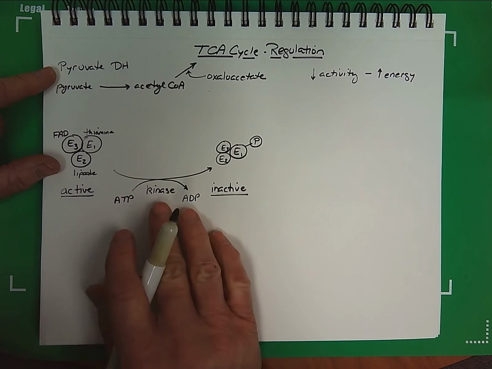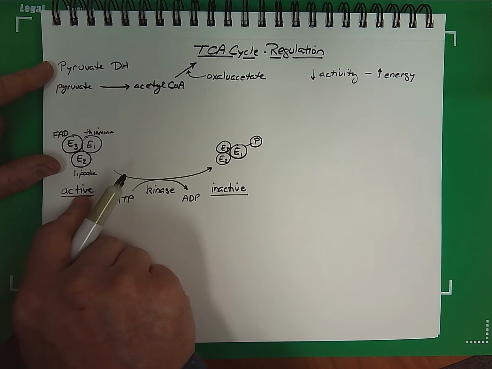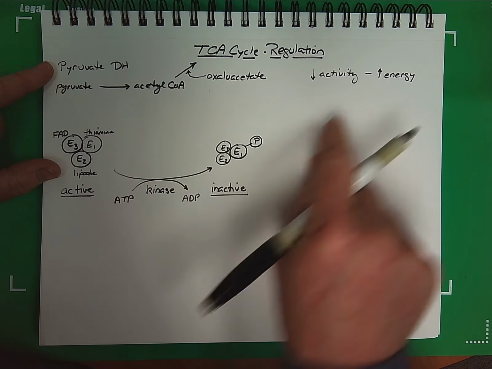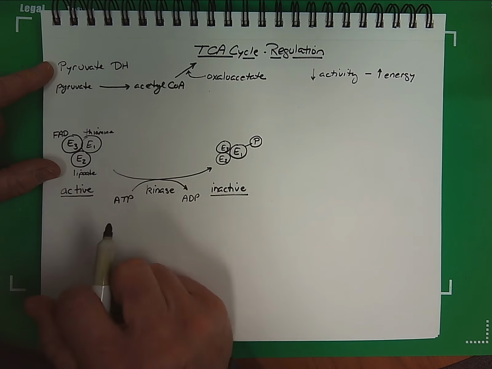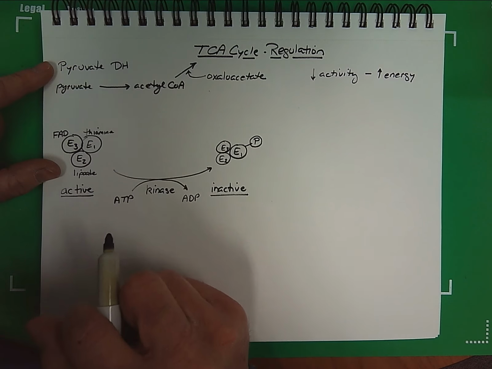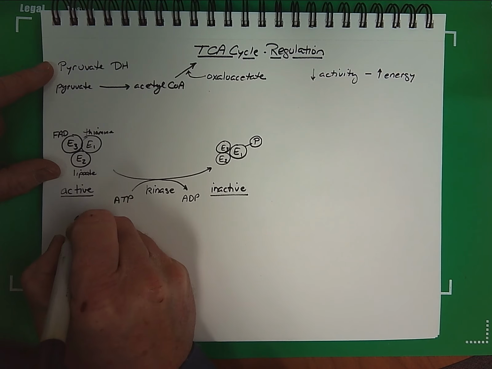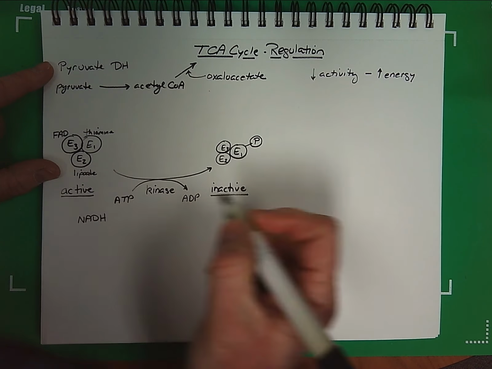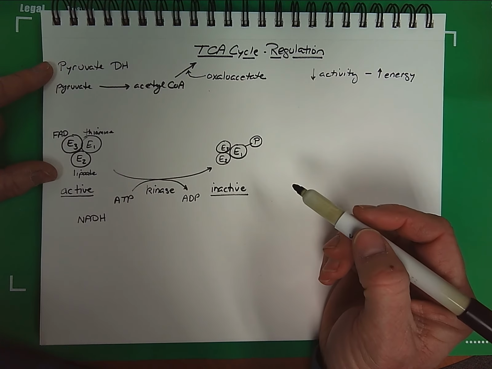Now then, the question is when would you want this regulated? When would you want the complex of PDH to be inactivated? Well, for example, when the energy levels are high. Now, because we are in the mitochondrial matrix, the most important energy molecule that we are going to have is NADH. Recall that the job of the TCA cycle is to generate lots of NADH.